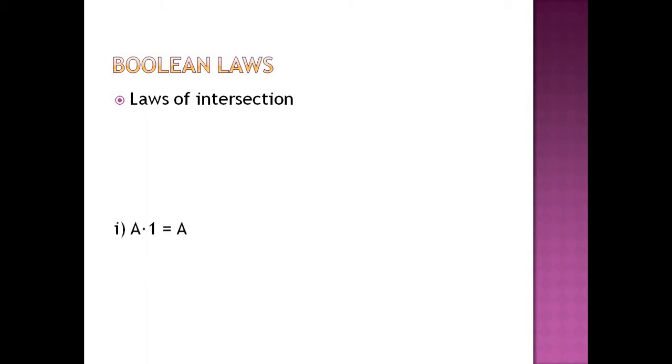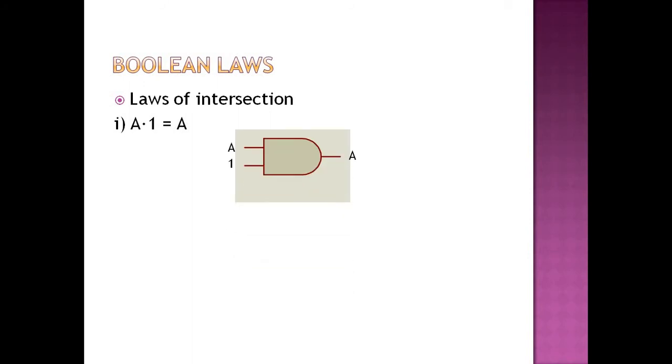Next are Boolean laws. The first law is the law of intersection. Here A dot 1 is nothing but the AND operation. In the AND operation, one input is A and the second input is 1. Now we know that the output of an AND gate becomes 1 only when both inputs are 1.